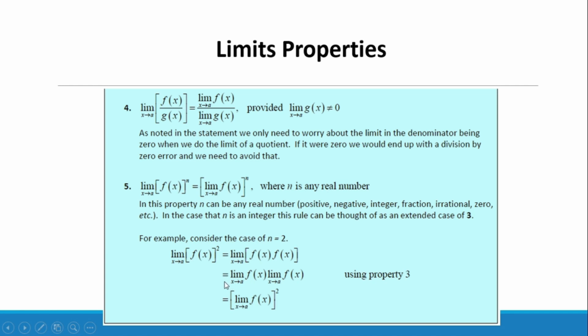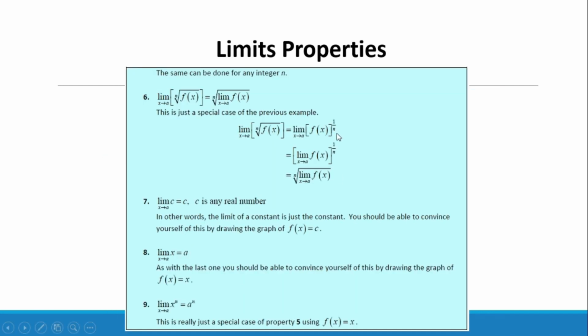Using property 3, this is the limit of f(x) multiplied by the limit of f(x), or the limit of f(x) squared. And the same can be done for any integer n.